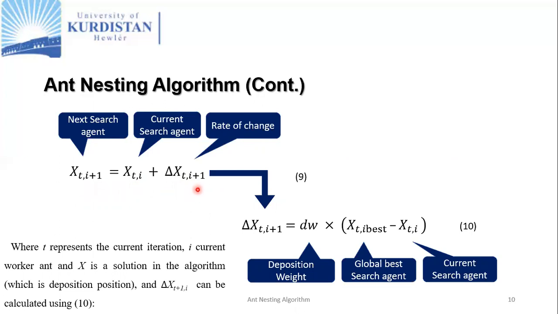However, this rate of change can be found through this equation generally. This is general equation 10. So it means TW, which is the deposition weight factor, multiplied by the best solution minus the current solution.